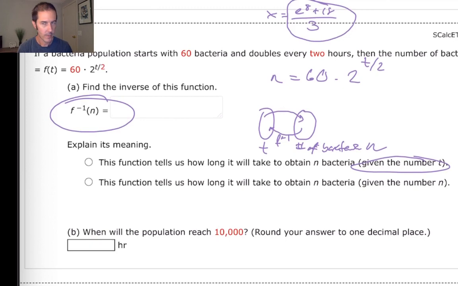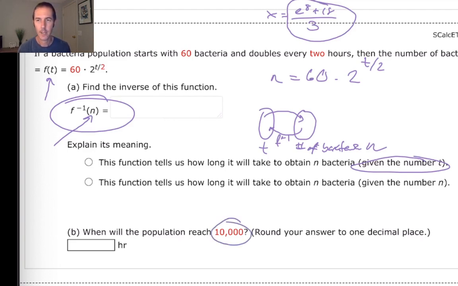In the original function, which is right up underneath me there, the value that we're plugging in is time. In the inverse function, which you just calculated, the input value is a number of bacteria. A number like 10,000.